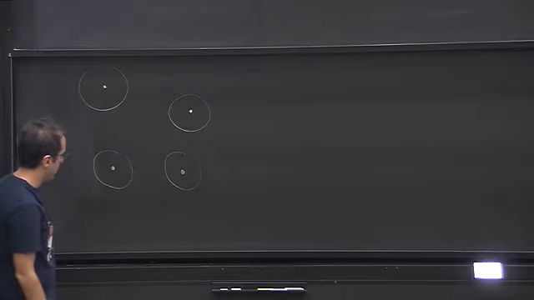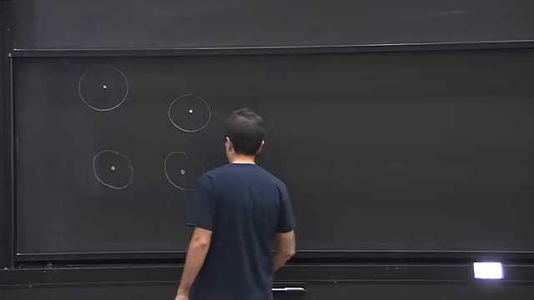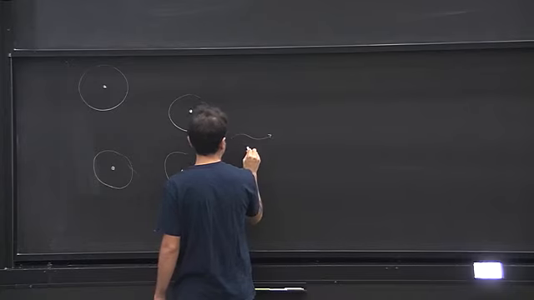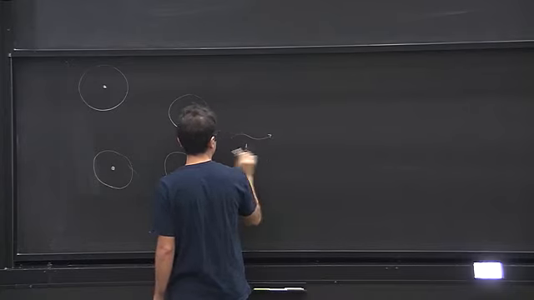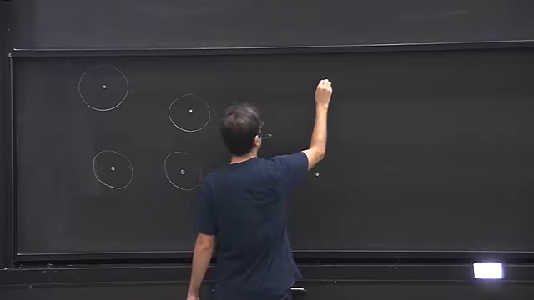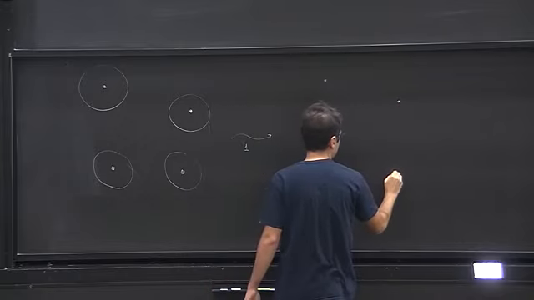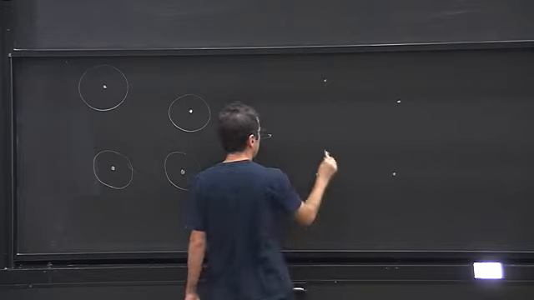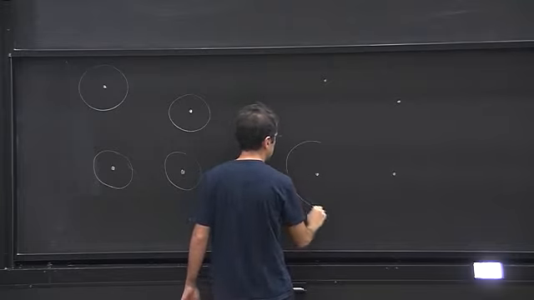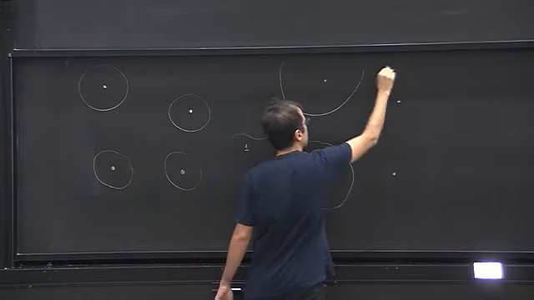Then we did step 1 of RG, and after step 1, we get the same kind of vortices, but now the cutoff is bigger. Now I have a bigger cutoff.